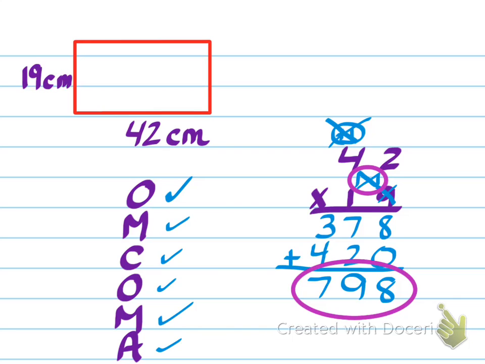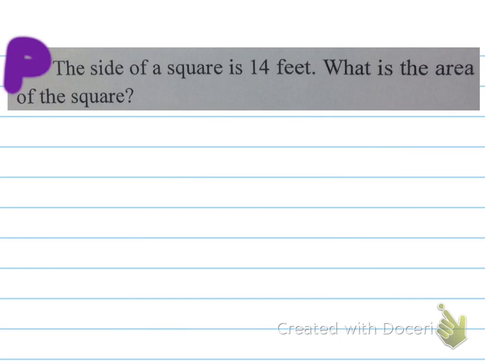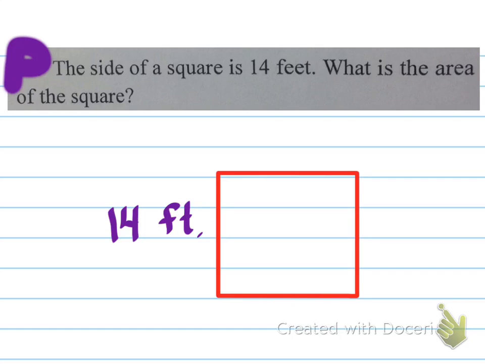Let's go ahead and take another look at one more practice problem. Here we have the side of a square is 14 feet. What is the area of the square? So the first thing you do is draw a picture. And here we have a square, and each side is 14 feet.